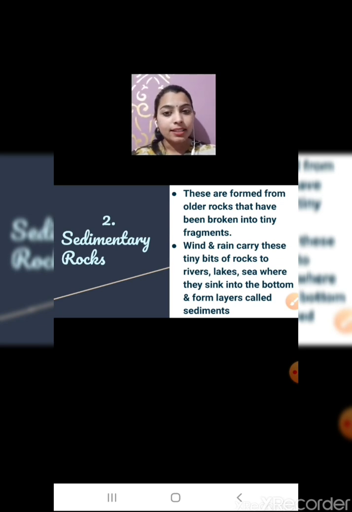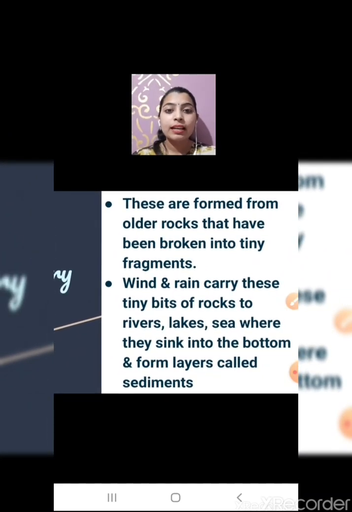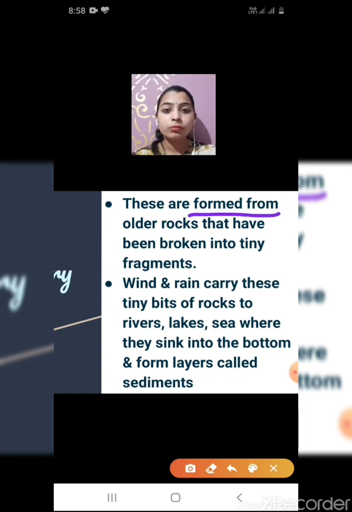Now, what is sedimentary rock? How is it formed? Just look at the screen. These are formed from older rocks that have been broken into tiny fragments. What is fragments?